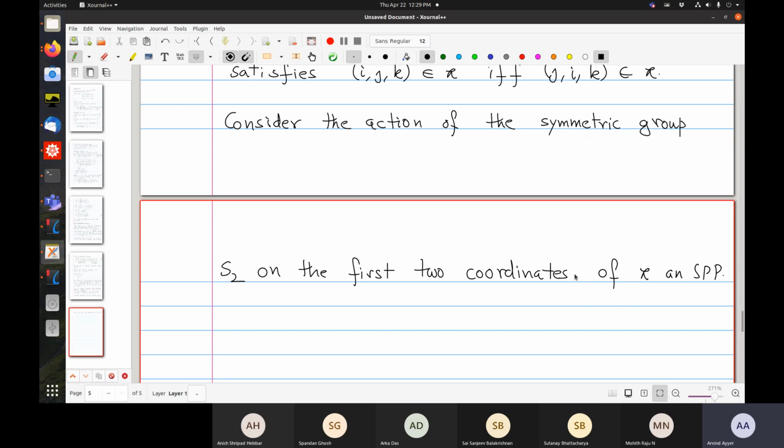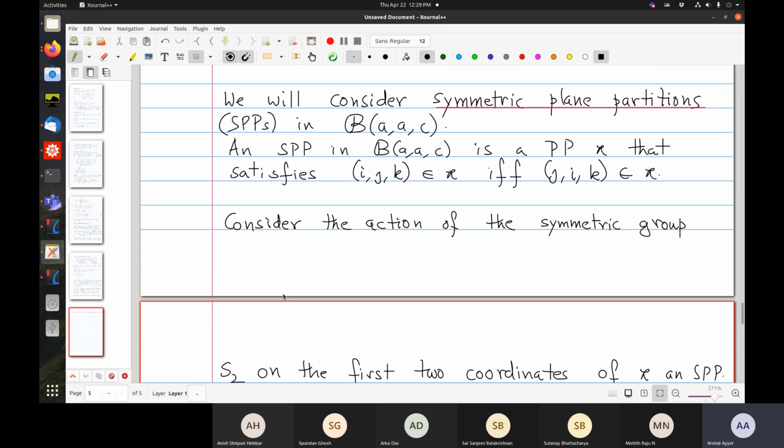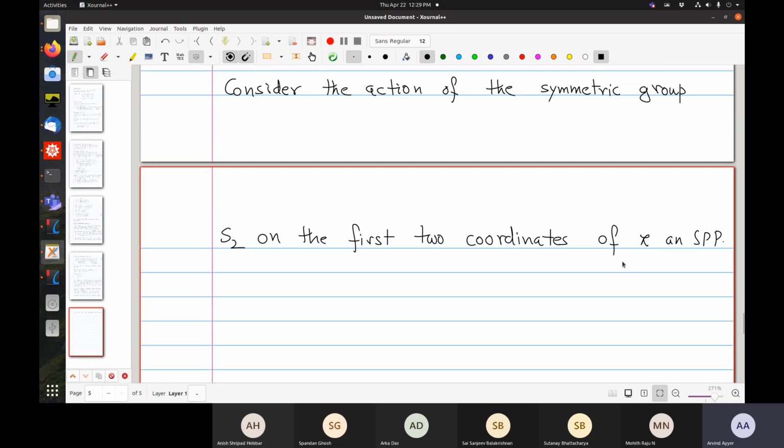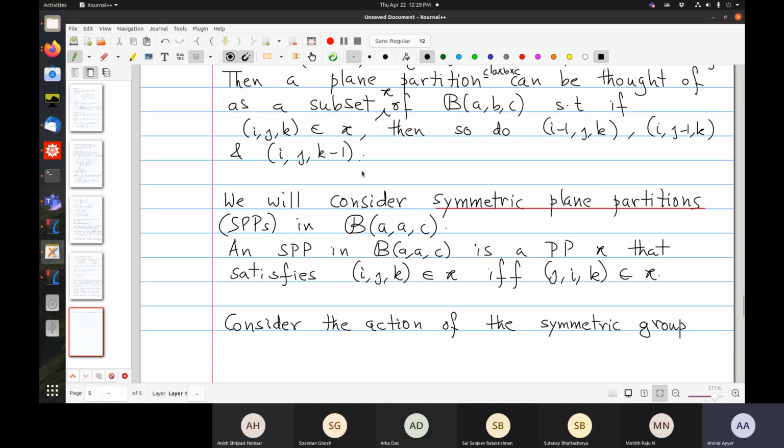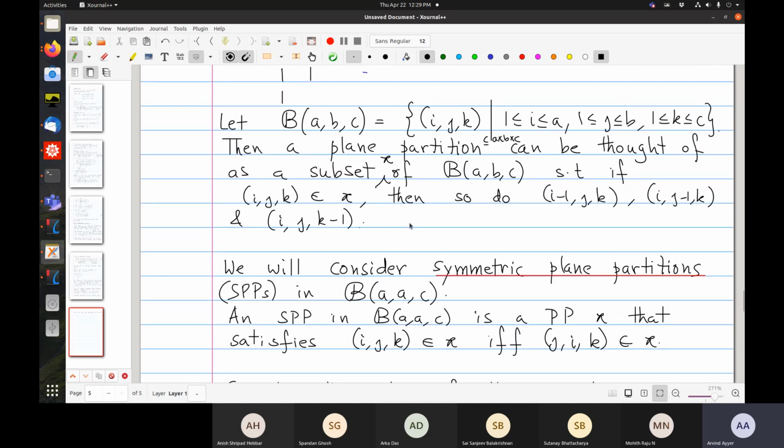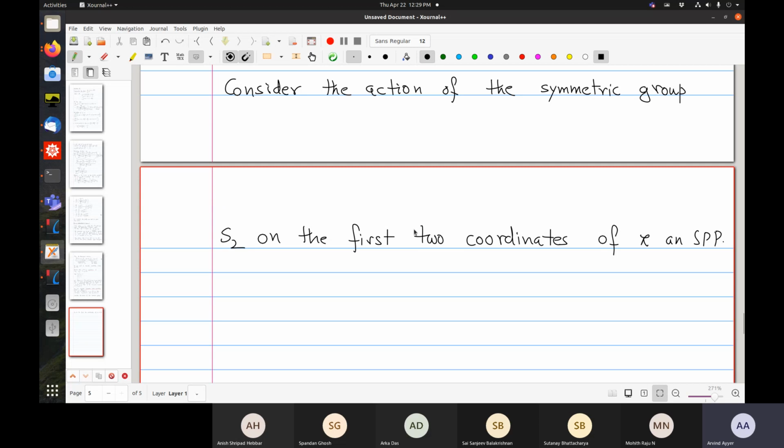Right. So this is a group action in the sense that you have learned. This is because of this condition. So if ijk belongs, then jik also belongs. And now we are thinking of pi in this sense. Okay, it's a subset of BAAC.